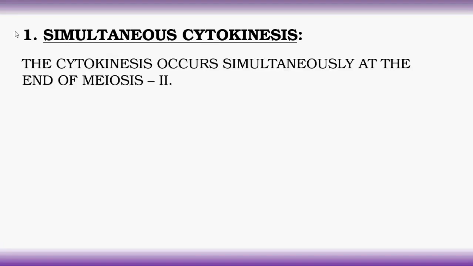Simultaneous cytokinesis: the cytokinesis occurs simultaneously at the end of meiosis 2. We all well know that meiosis occurs in 2 phases, meiosis 1 and meiosis 2. Now this simultaneous cytokinesis occurs at the end of meiosis 2.